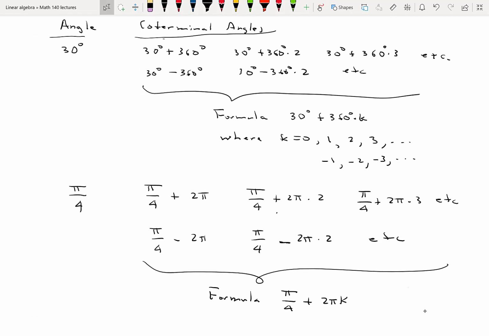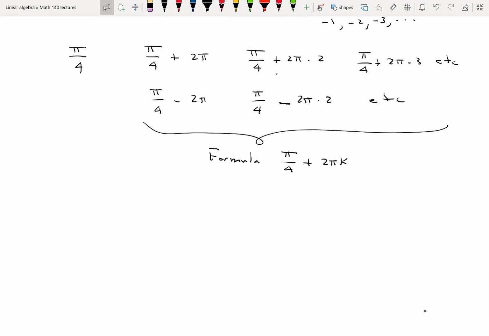Okay. So, given any angle theta, what do the coterminal angles to theta look like in a formula?